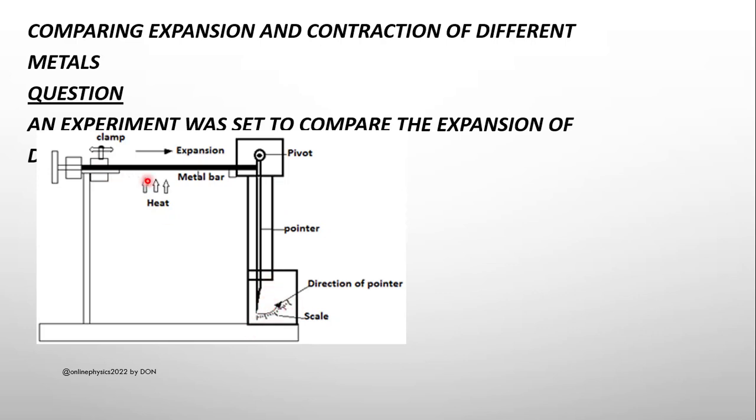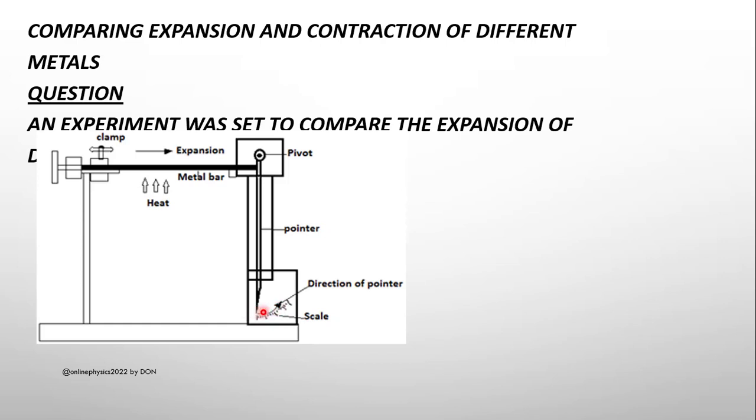But once we start heating, then we are talking about increasing in size. This particular metal bar will expand. And once the metal bar expands, then that small change, which might not be visible to your eyes, will be noted by the deflection or the direction of the pointer.